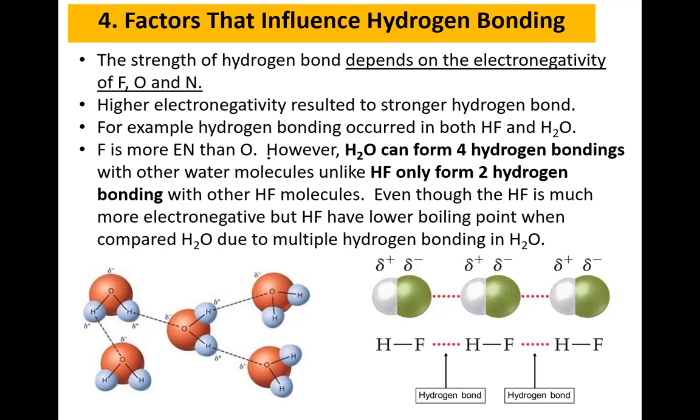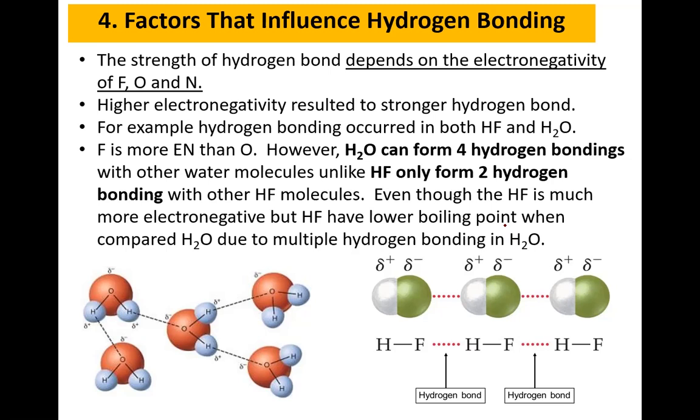Okay, so the hydrogen bond is an interaction between hydrogen and oxygen, compared to the interaction between hydrogen and fluorine. The interaction between hydrogen and fluorine is stronger compared to the interaction of hydrogen and oxygen.